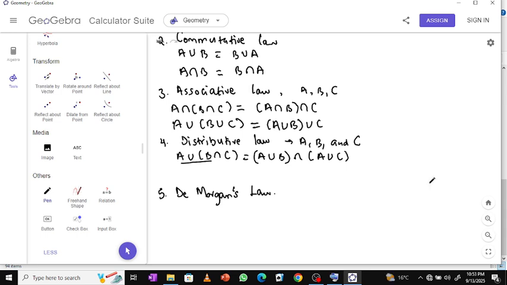A union B in one bracket, intersection A union C in another bracket. Then we have A intersection B union C. As the name states, it's going to be a distribution. So we're going to have A intersection B union A intersection C.